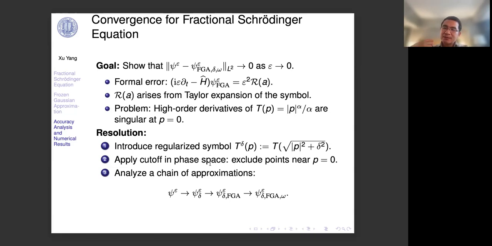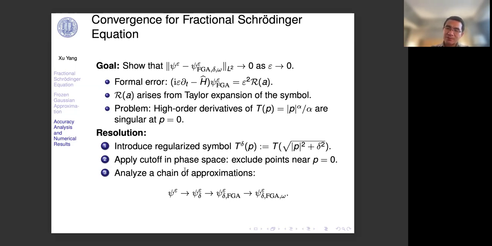However, when you let the wave packet go according to the Hamiltonian flow, there's still a possibility that these flows get to the forbidden region, which is p equal to 0. When the dynamics gets near there, although the chance to get there is very low, once they get there, there's still some problem.